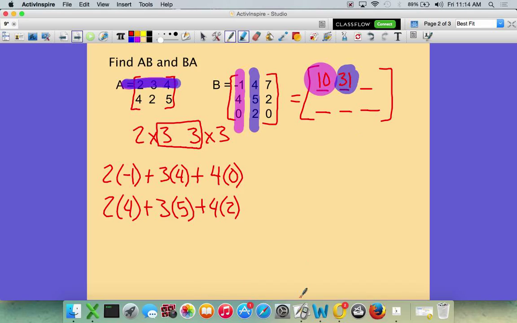And then we keep going. We go to our next spot. So I'm going to grab a yellow here. We want to fill in that spot. So that is row 1, column 3.